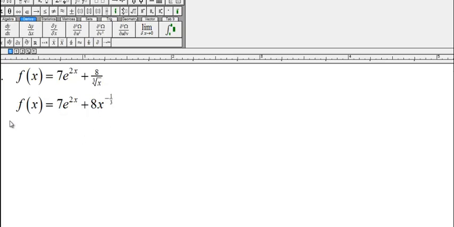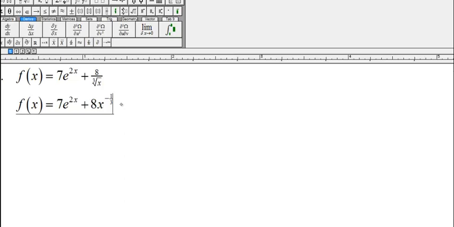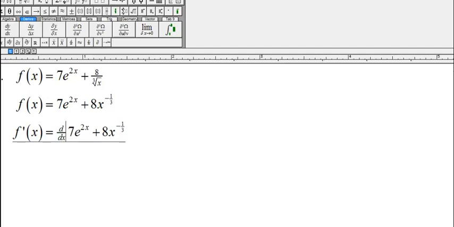And so then when we take the derivative, we first start by using the sum rule and say that we're taking the derivative of each piece. Okay, and then I can use the constant multiple rule, which brings that out front.